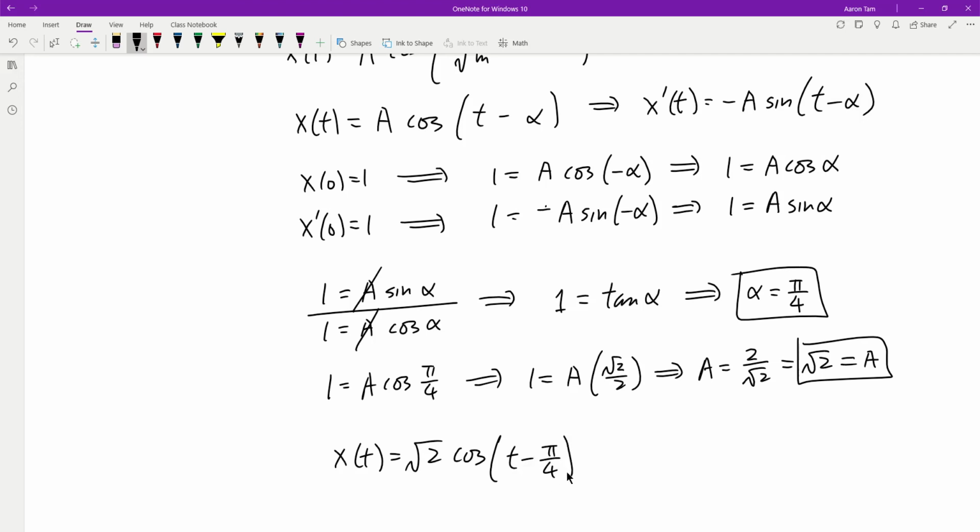Now, if you want to know what this looks like, remember what you learned in Algebra 2. Here's my t, here's my x. A cosine graph normally starts from the top, but this would have a translation of pi over 4. So we'll go and draw at pi over 4, and then the graph will probably just go something like this.